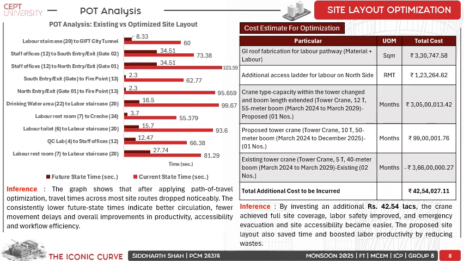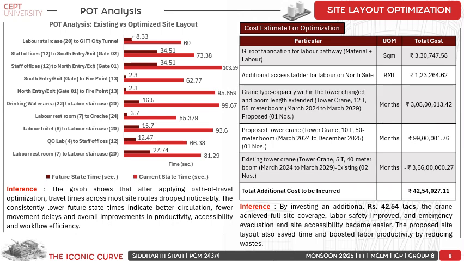So here you can see the graph that shows all the commonly used travel paths at the site, and after the proposed changes how they were optimized and reduced.